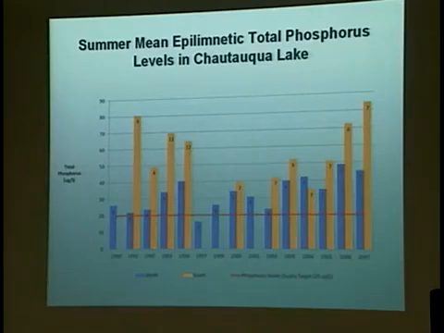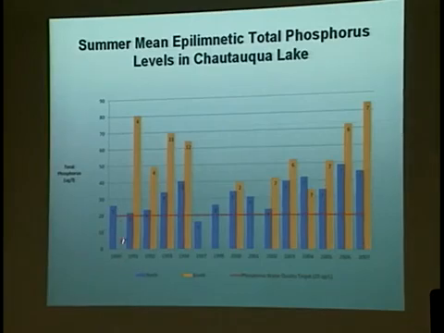The Chautauqua Lake Association annually goes out and is part of the CSLAP program through New York State DEC, where they collect environmental data: water quality, clarity, and phosphorus loading. And here are the data in the water column from 1990 to present.